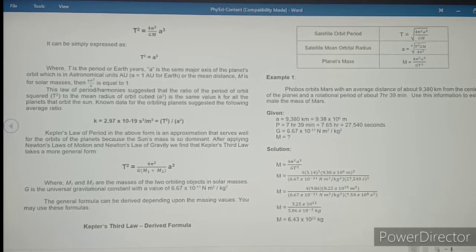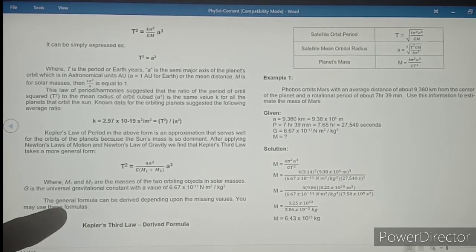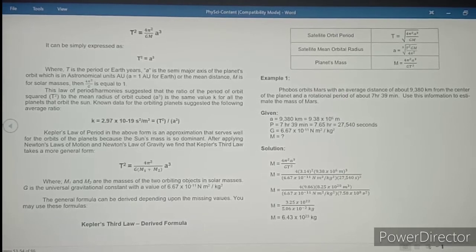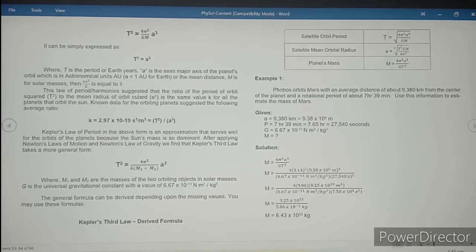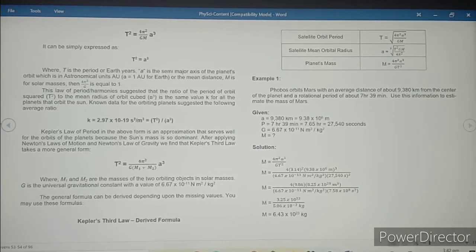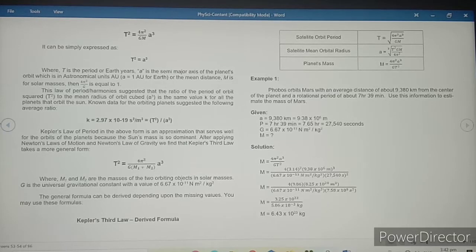And as I have said earlier, the G stands for the universal gravitational constant with a value of 6.67 times 10 raised to negative 11 Newton m squared over kilogram squared. So we have here the derived formulas depending on the missing values. As you can see on the right side, we have the formula if the satellite orbit period, or T, is missing: T equals the square root of 4 pi squared a cube over GM.